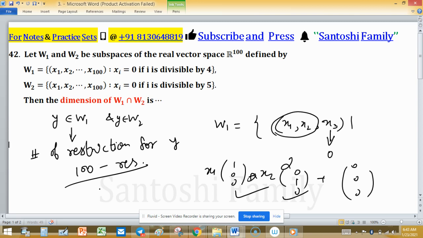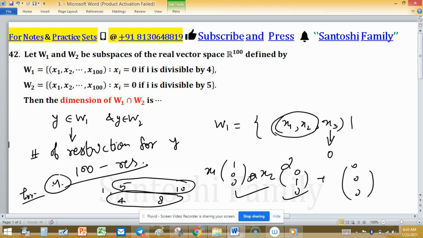So if i is running from 1 to 10, i is divisible by 4 for 4 and 8. And if i is divisible by 5, then 5 and 10 will be two numbers. So the total number of restrictions up to 10 is 4.